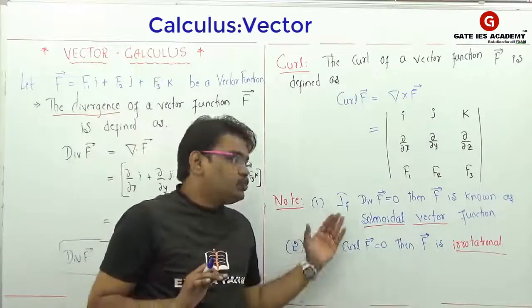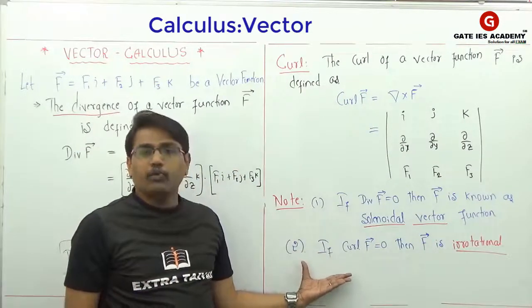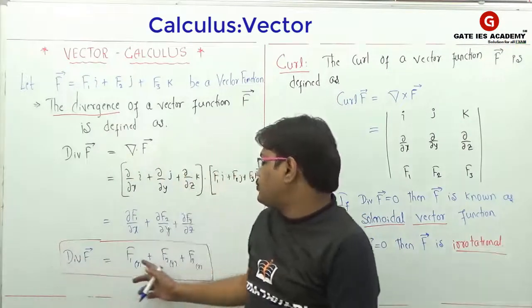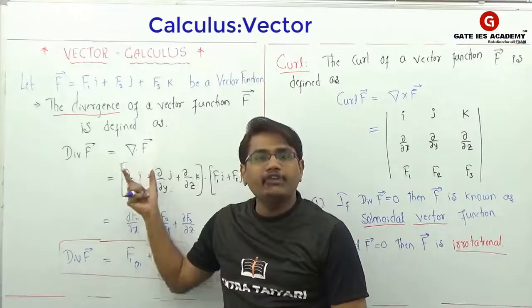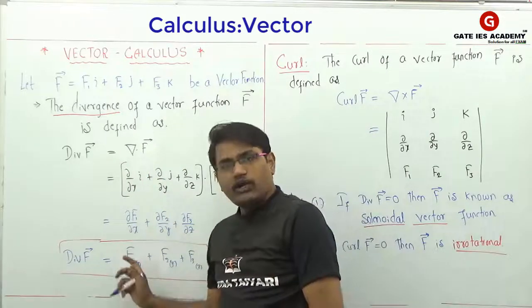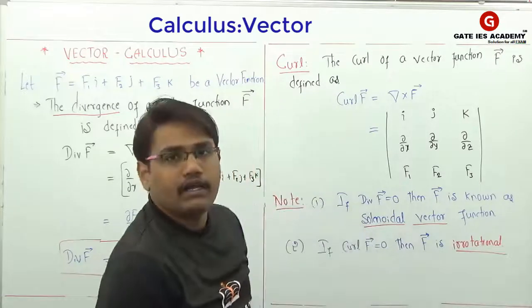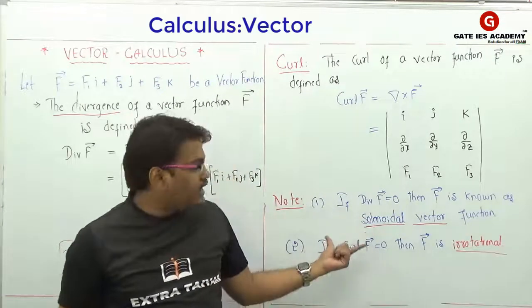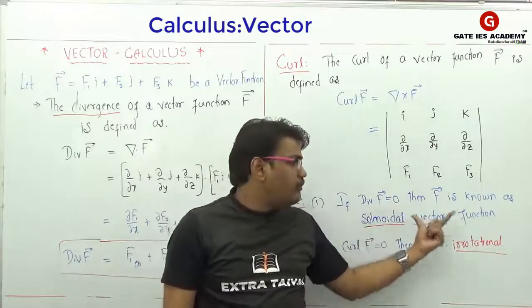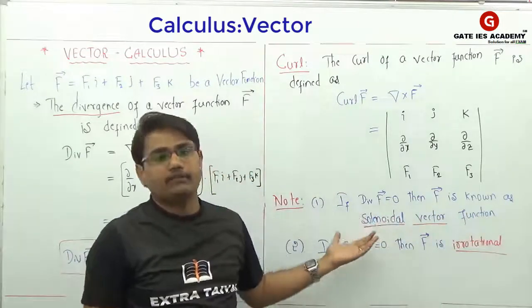Now remember these two important points. If you find the divergence of any vector function, and it comes out to be 0, divergence of f bar equals 0, then that vector function is known as the solenoidal vector function. Just remember the names.